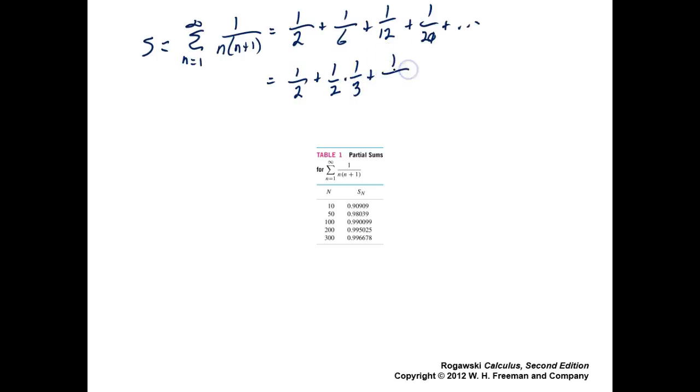Plus 1 over 2 times, let's see. Two squared times 3 plus 1 over. Nah, that isn't it either. I thought I was seeing a pattern there, but I'm not.